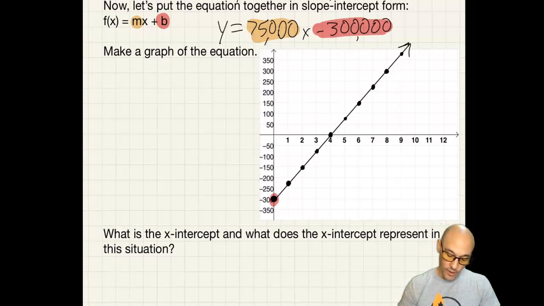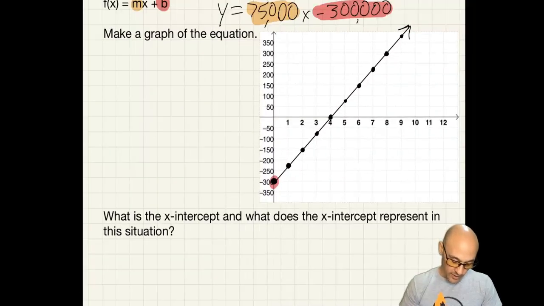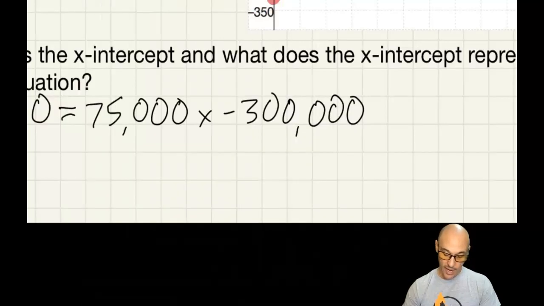So what we do is we put 0 in for y, because when that line crosses the x-axis, the y value is 0. So we say, all right, we have 0 is equal to 75,000x minus 300,000. And then we're going to solve for our x value there to figure out when it actually happens.